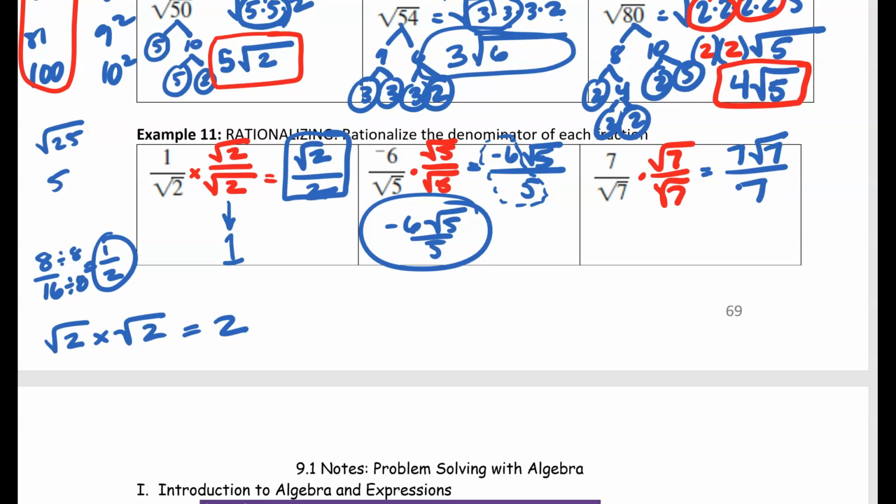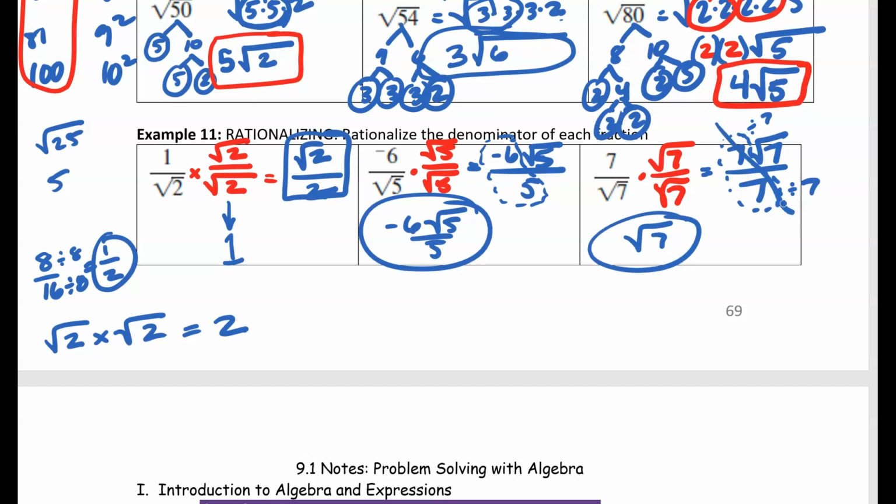Now, I cannot reduce a number with what's underneath the square root, but I can reduce numbers on the outside. So I can divide both of these by 7, or just cross them off since they're the same number, and I end up getting 1 times the square root of 7 over 1, or just the square root of 7.